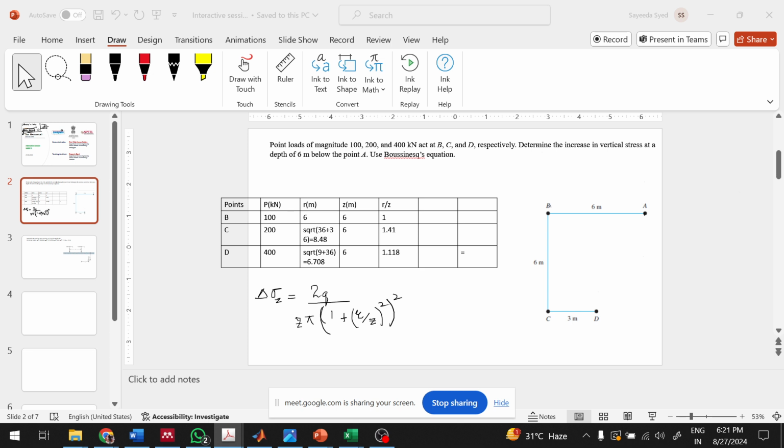Excuse me. Let me recheck the Boussinesq equation. Doesn't matter. Your maths and your logic should be good. Your understanding of concepts should be good. It is just a medium of communication, language. But you do understand what I am saying.